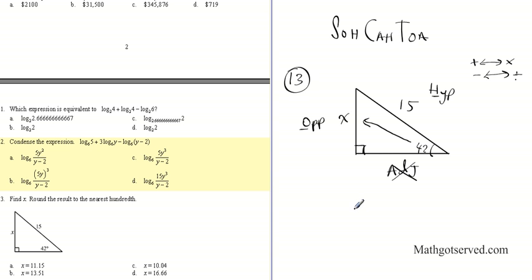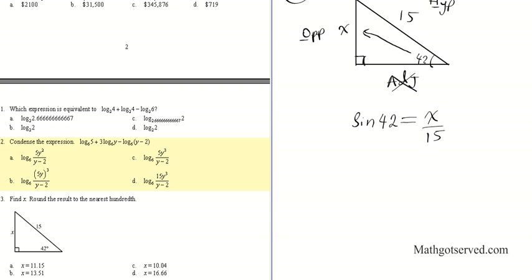Sine, right? So we're going to write sine 42 equals opposite, which is x, over hypotenuse 15. To get x isolated, we multiply both sides by 15. So x is basically 15 sine 42. Okay? Alright, let's plug that into our calculators and see what we get.